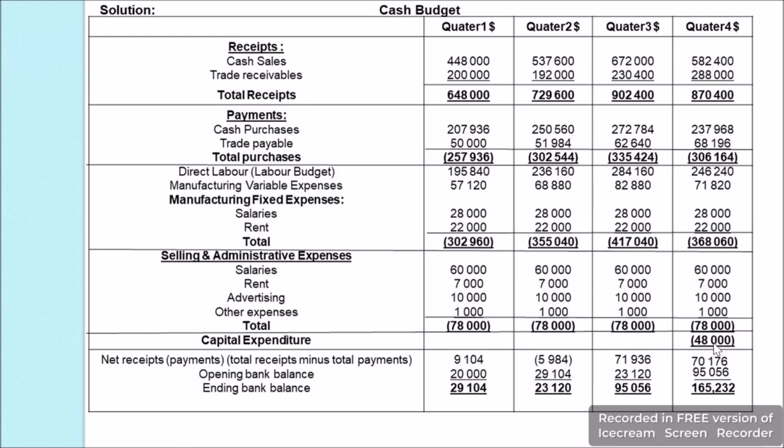We subtract the capital expenditure of $48,000. We get the net receipts as $70,176. Then we add the opening bank balance of $95,056. We get the closing or the ending bank balance as $165,232. So this is how we make the cash budget.